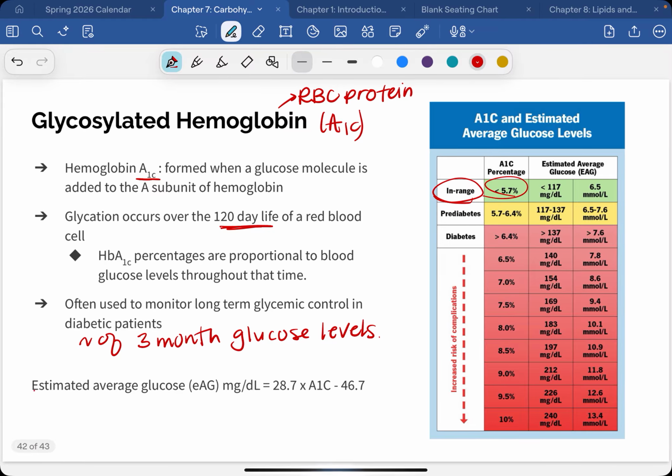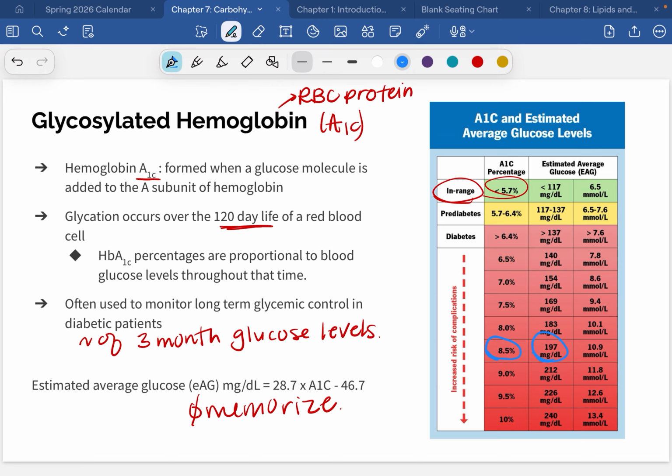You don't have to memorize this formula down here, but it is just important to note that this kind of thing exists. The percentage of glycosylated hemoglobin can be used to calculate an average estimated glucose. So a person who has an 8.5% A1C, their estimated average glucose over the last 3 months is 197.